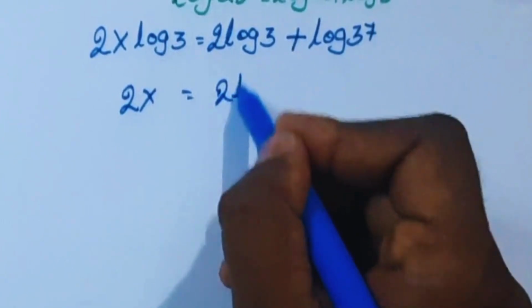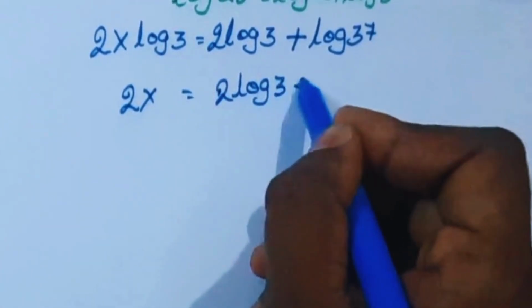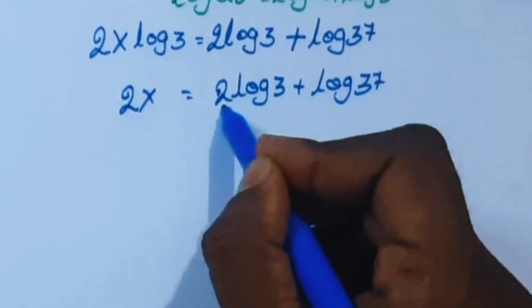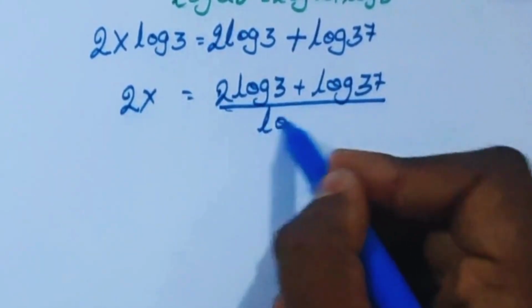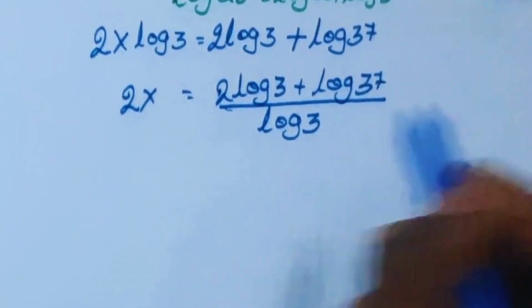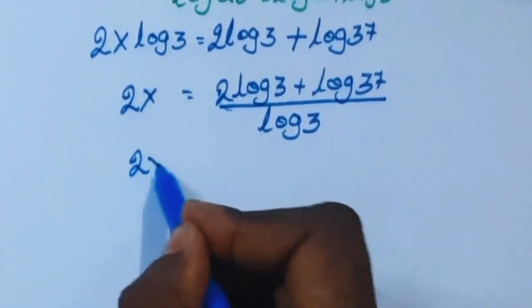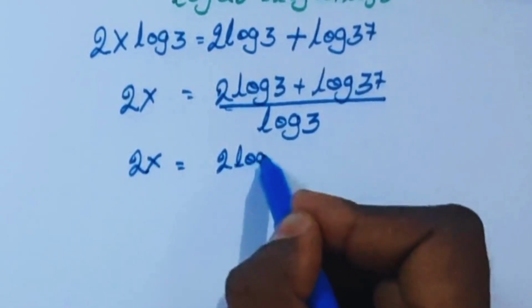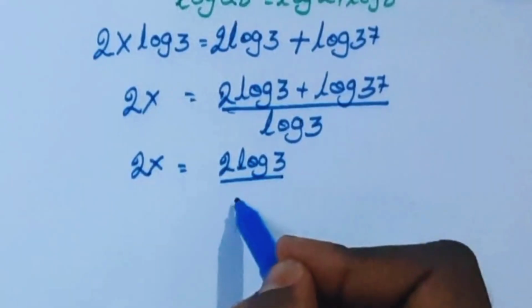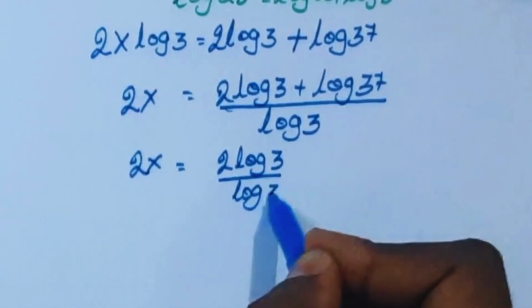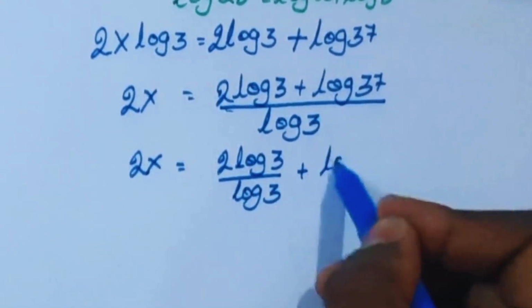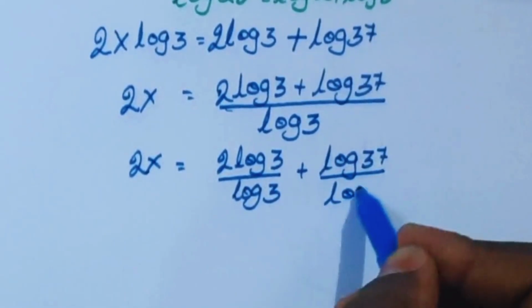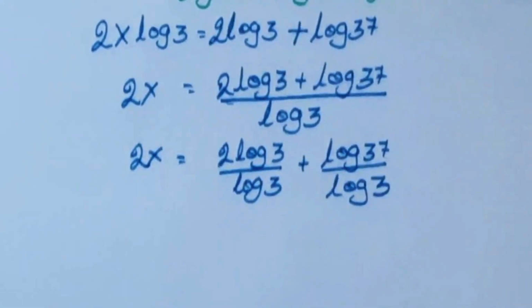So 2x equal to 2 log 3 by log 3 plus log 37 by log 3.